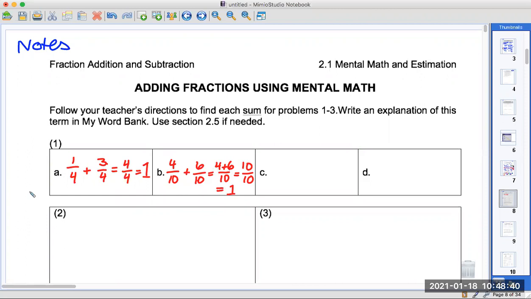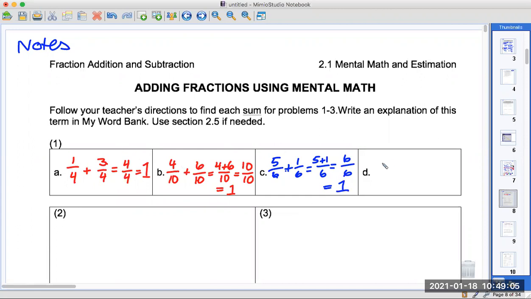Correct? 5/6 plus 1/6. Same denominator, simply add the top. 5 plus 1 is 6 out of 6, which equals 1.